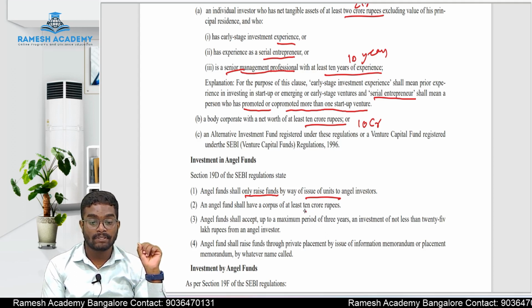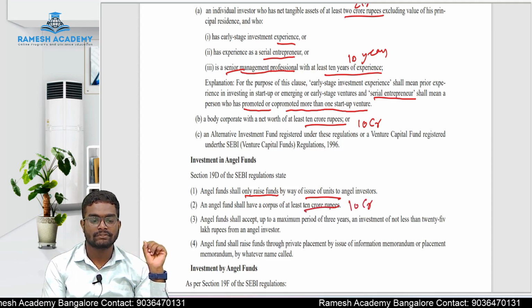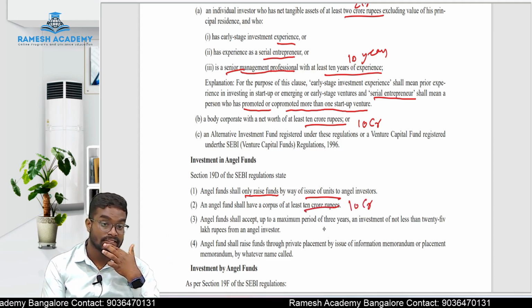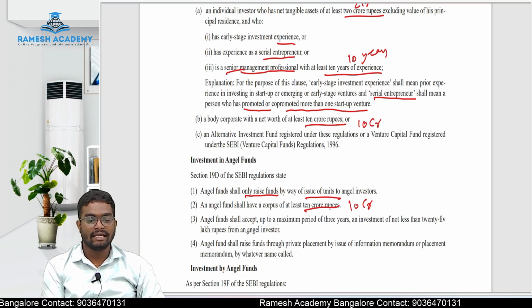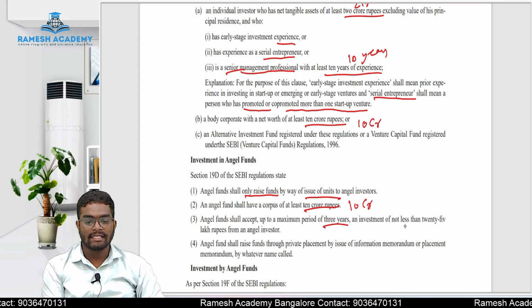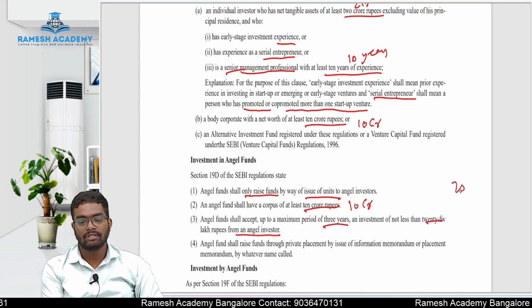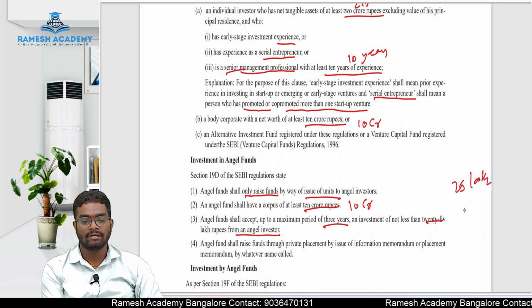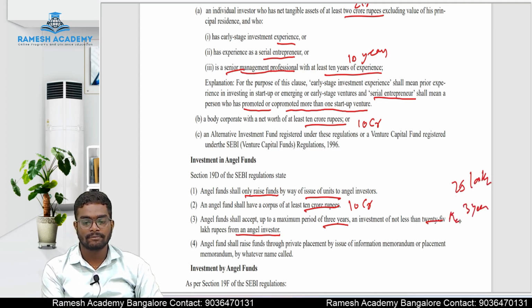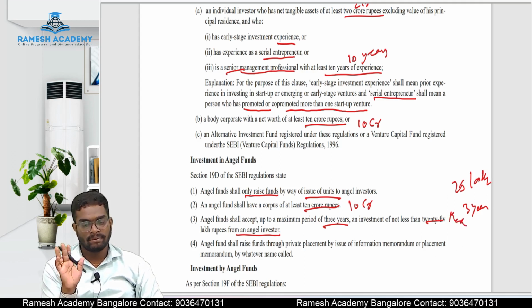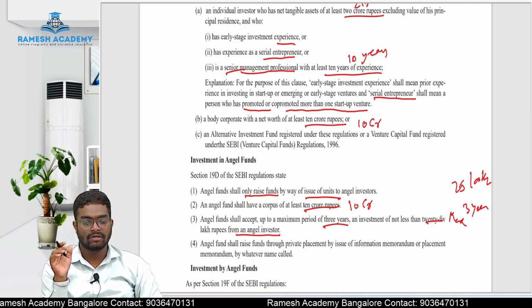An angel fund shall have a corpus of at least 10 CR, which means the reserves and surplus of 10 CR. An angel fund shall accept, for a period of up to a maximum of 3 years, an investment of not less than 25 lakh from an angel investor. So 25 lakhs is the minimum amount and 3 years is the maximum lock-in period. A person can invest a minimum of 25 lakhs, not less than 25 lakhs.